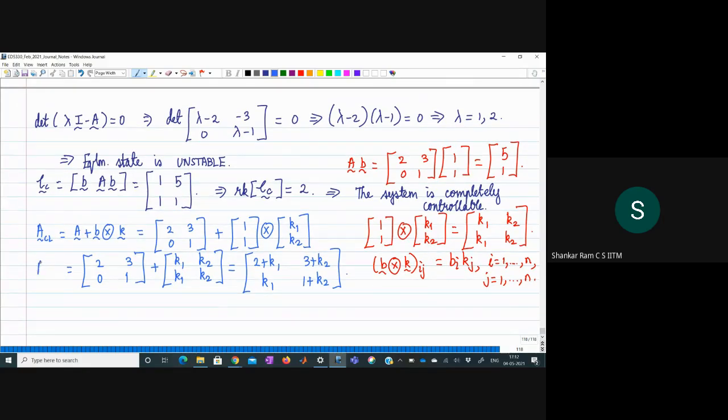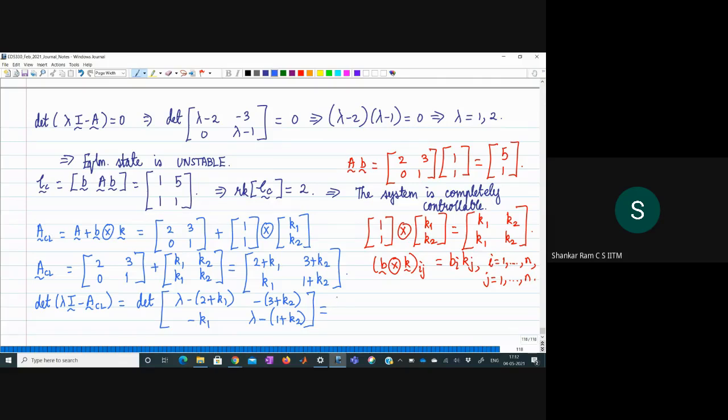This is easy. Now, what do we need to do? We need to calculate the determinant of lambda I minus ACL, the closed loop characteristic polynomial. We will do some algebra, so please follow the steps along with me. We will have lambda minus 2 plus K1, then minus 3 plus K2, minus K1, lambda minus 1 plus K2.